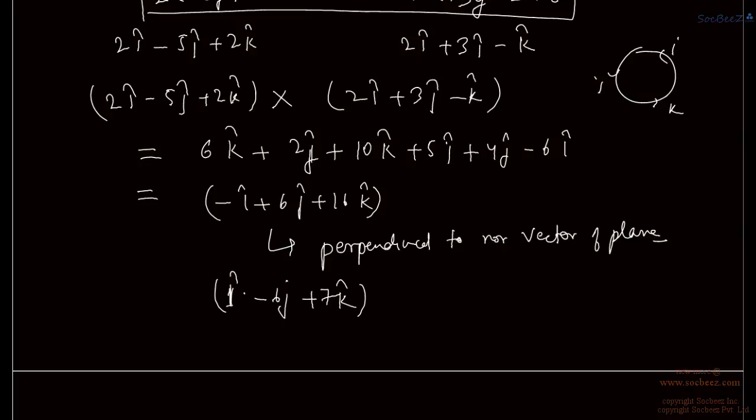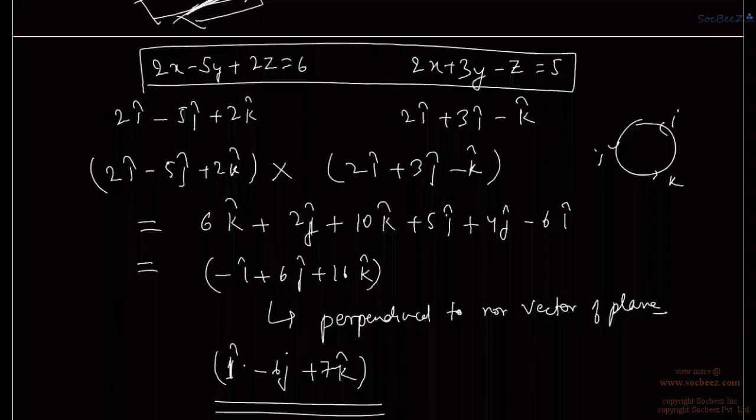Here let us check whether we have done it correctly or not. Cross product k component: 2i, 0, 2i, 3j, 6k, and we will be getting the k component, and here also 5j, 2i, ji minus 10. Okay, so we have this vector which is also perpendicular to the normal vector of the plane, right?